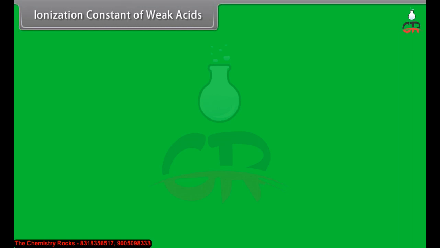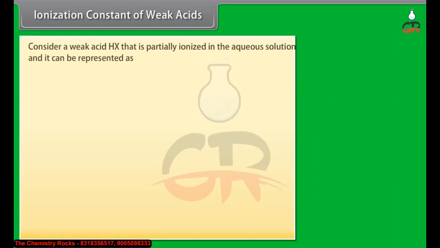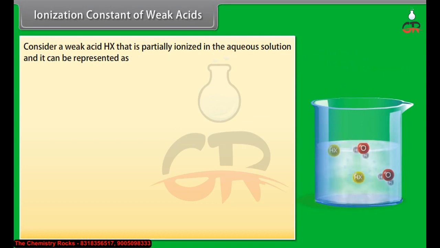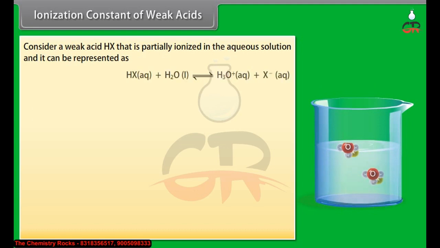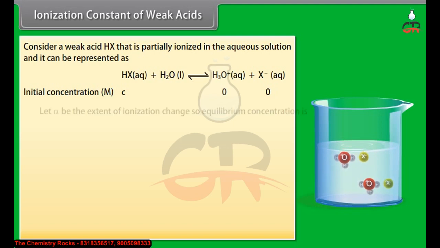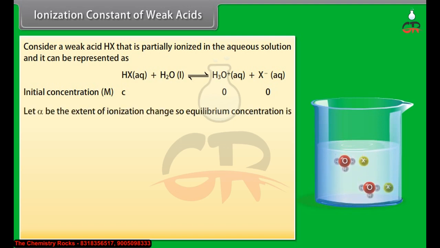Ionization constants of weak acids. Consider a weak acid HX that is partially ionized in the aqueous solution. Let initial concentration of HX be C. Let alpha be the extent of ionization, so equilibrium concentration of HX is C minus C alpha.